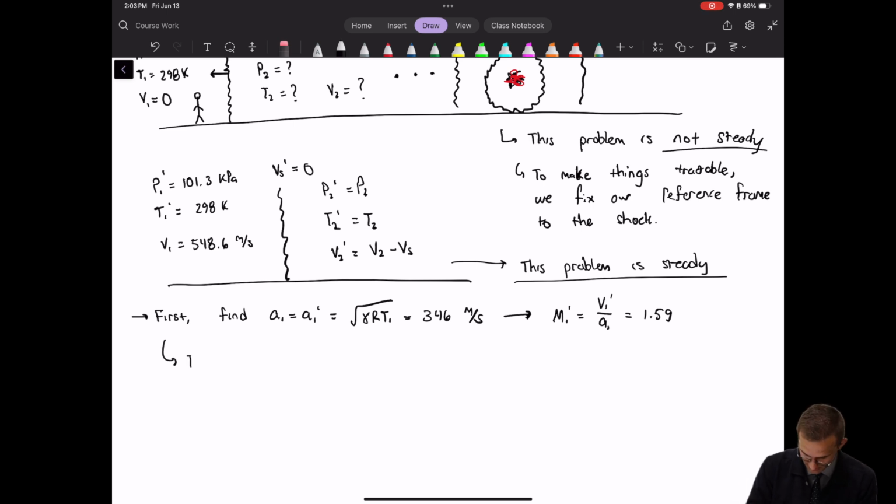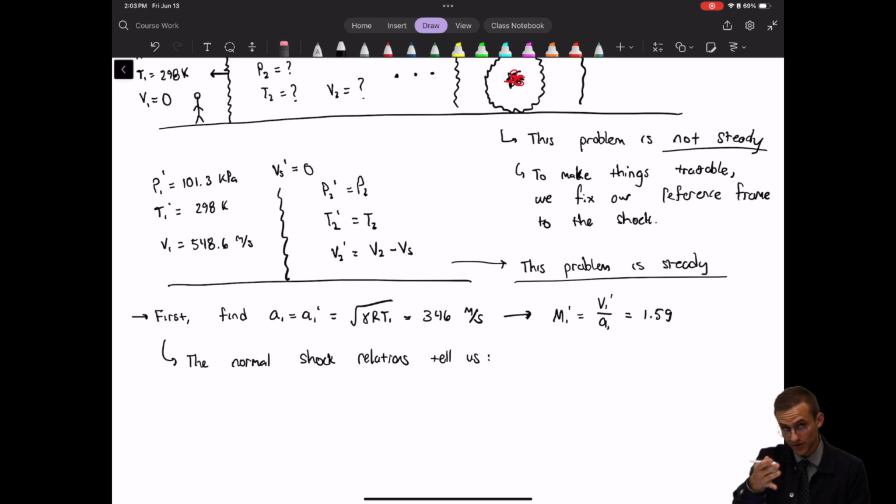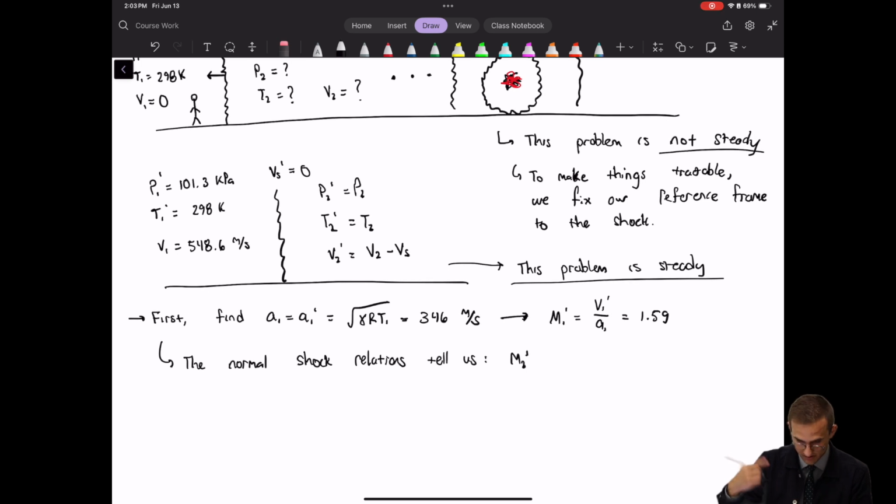So the normal shock relations then tell us, by going to the table and the entry corresponding to M1 equals 1.59, that M2 prime, so we're working in the prime reference frame, don't forget, is 0.67. P2 prime over P1 prime is equal to 2.78, and T2 prime over T1 prime is equal to 1.38.